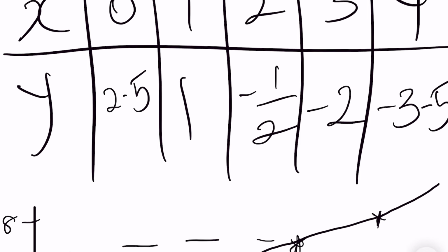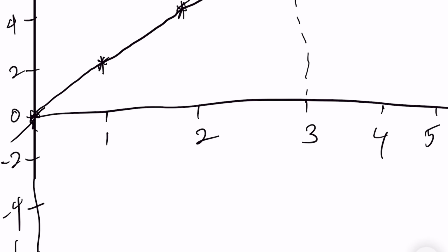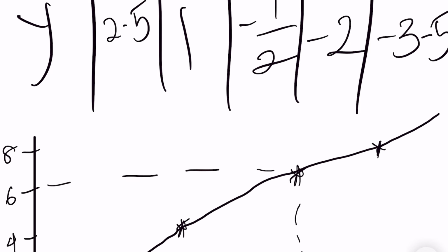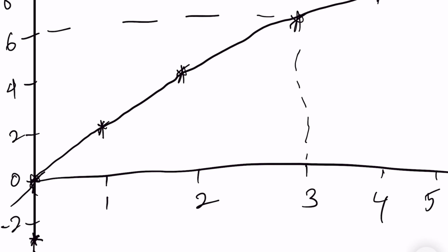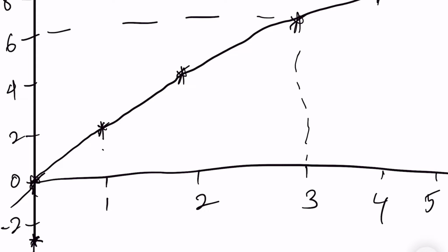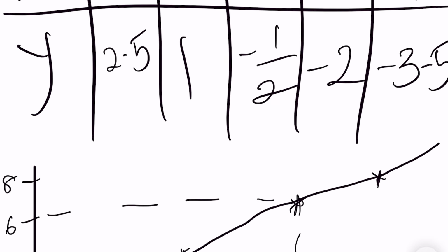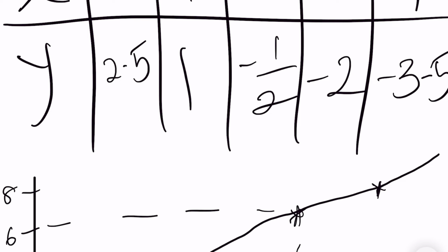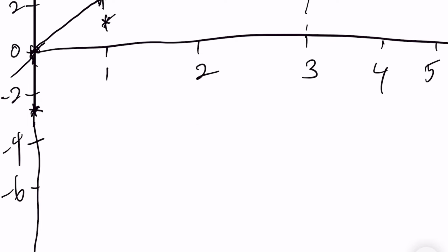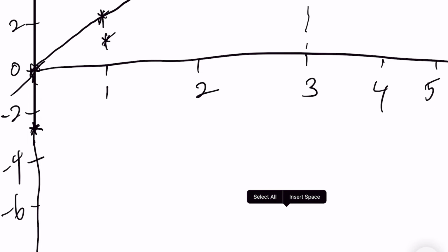Now for the next one, where x is 0, our y is 2.5. So our 2.5 is at this point. Where x is 1, our y is 1. Where x is 2, our y is minus 0.5. So it will be around this place.